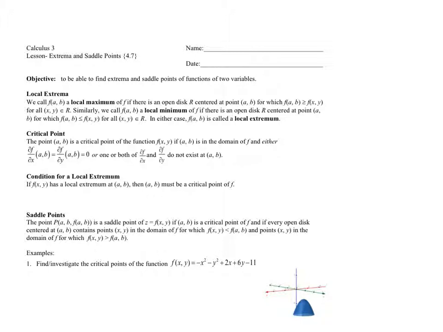Exactly. And in all honesty, I think the hardest part about this stuff is visualizing what it is you're supposed to be looking for. Because if you don't know what the equation negative x squared minus y squared plus 2x plus 6y minus 11 looks like in 3-space, it's different.